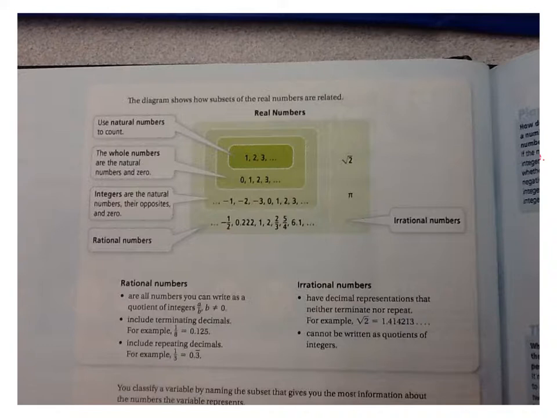They include terminating decimals, like the fraction 1/8 being equal to 0.125 and ending there. They include repeating decimals, for example 1/3, one of the most common ones you recognize at first: 0.3 with the repeat bar above the 3, meaning that the 3 repeats itself, not the 0 part, just the 3 part.